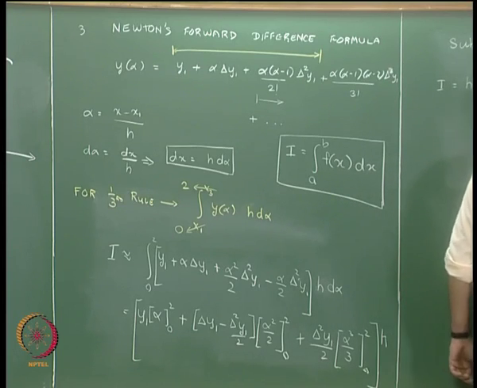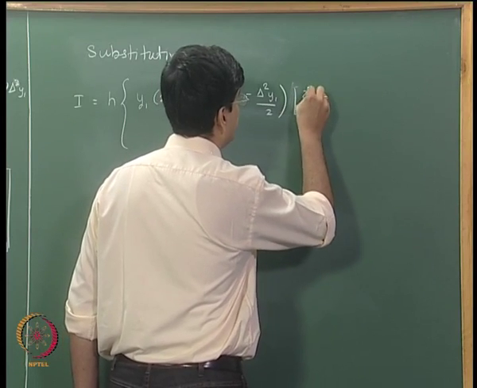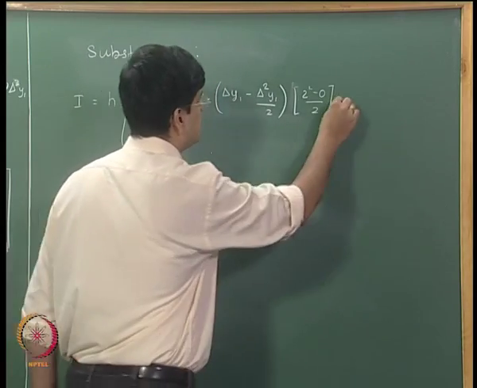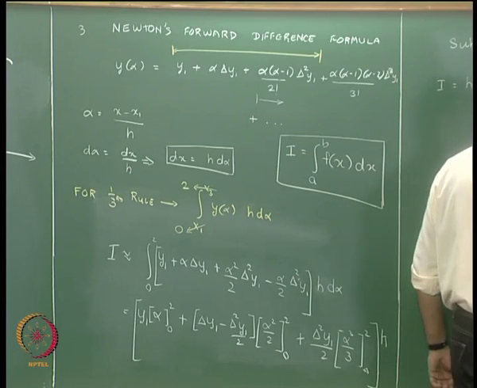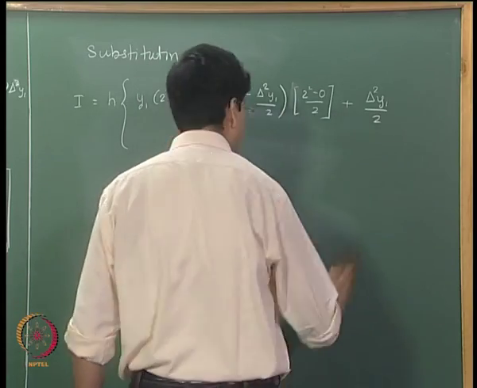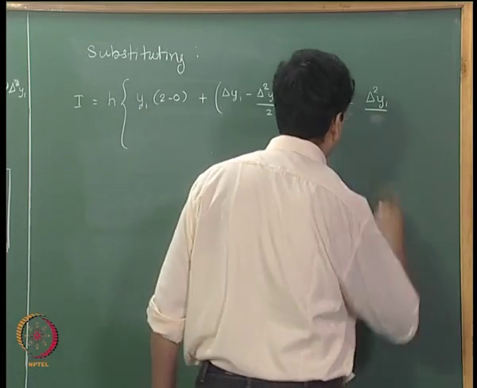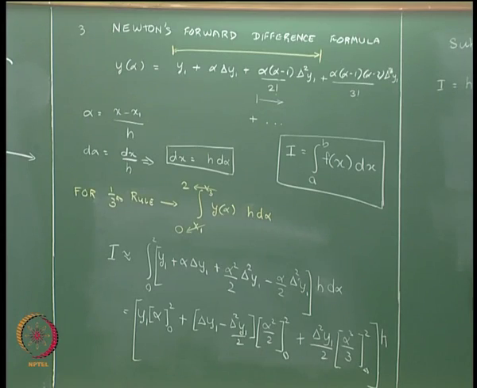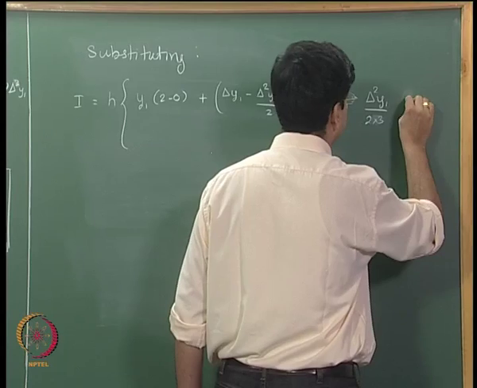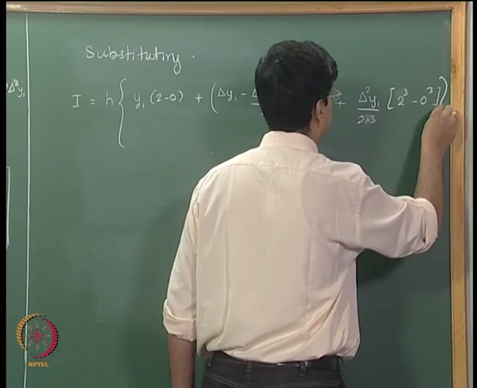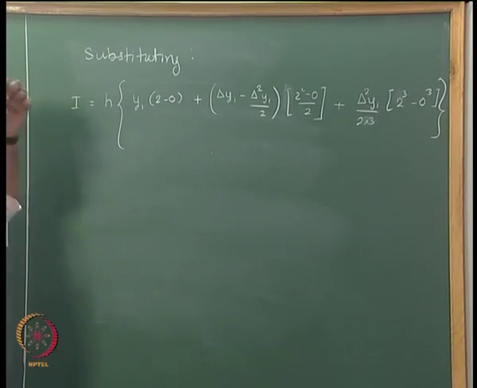Alpha squared by 2 is going to be 2 squared minus 0 by 2, plus delta squared y1 by 2 multiplied by alpha cubed by 3. So this is going to be 2 multiplied by 3, and we will have alpha cubed going from 0 to 2, so it is 2 cubed minus 0 cubed. Okay. That is the overall expression.